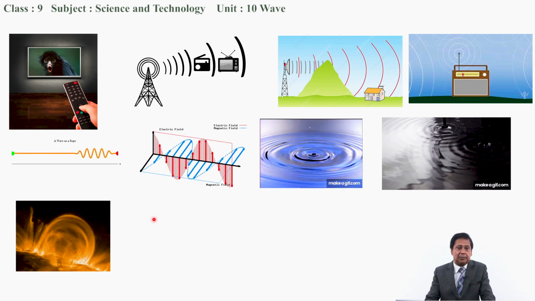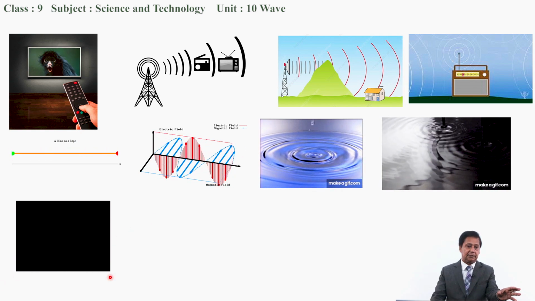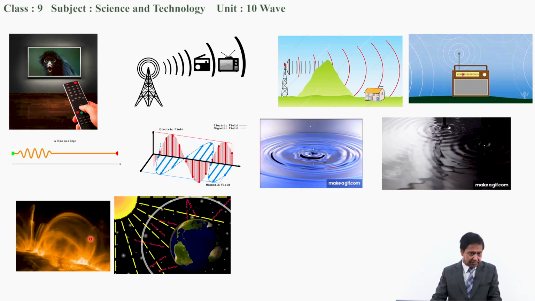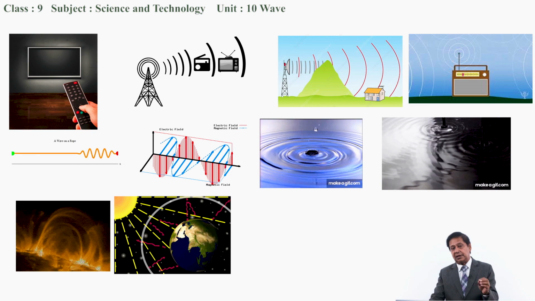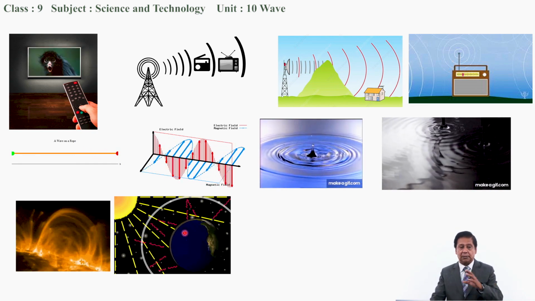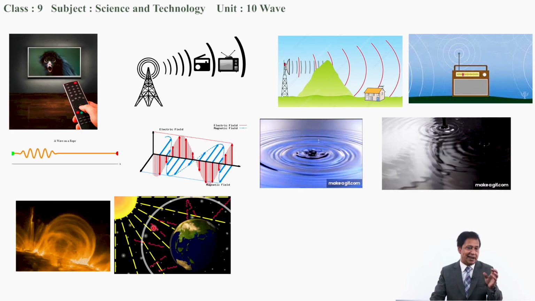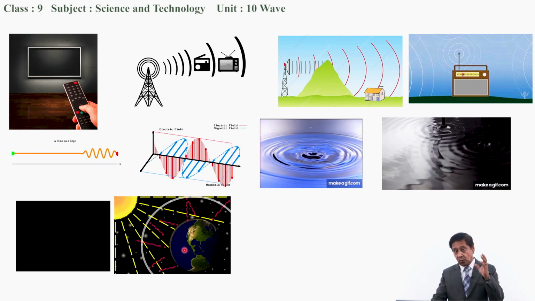And another example, this is the surface of the sun and a solar flare is being produced, and because of this region, solar energy is transmitted from the sun in all directions and it comes to the earth in the form of light and heat energy by the waves.